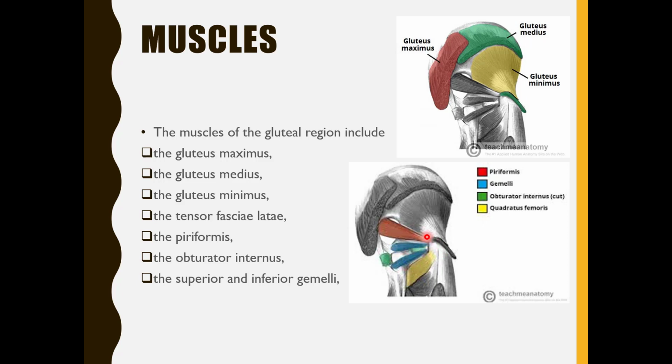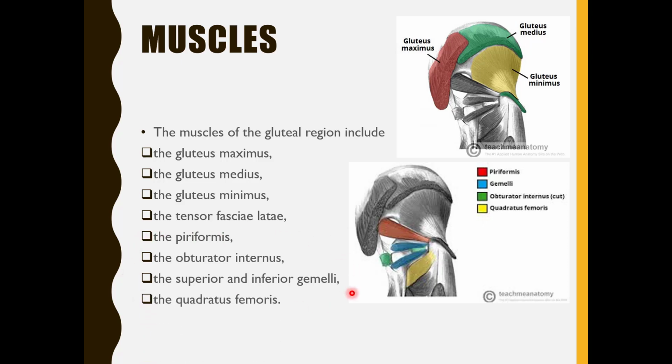Superior gemellus is the one which is superior, and inferior gemellus is the one which is inferior. So these two gemelli are present around the obturator internus muscle. These three muscles, the obturator internus, the superior gemellus and inferior gemellus, will unite to form the triceps coxae muscle.